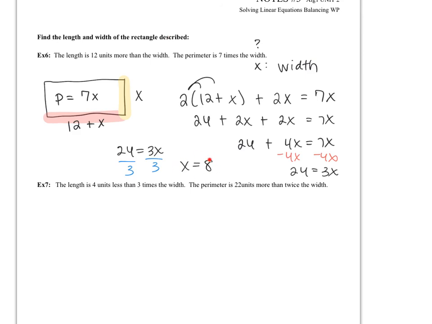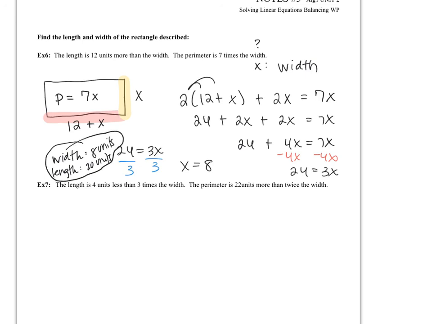You might want to stop here because you did find x. Now x was my width. My width is 8, and I don't know my units, so I'm just going to call it units. And my length was 12 more than that, which means that this would be 20 units. And so this is the ultimate question that I want to answer.